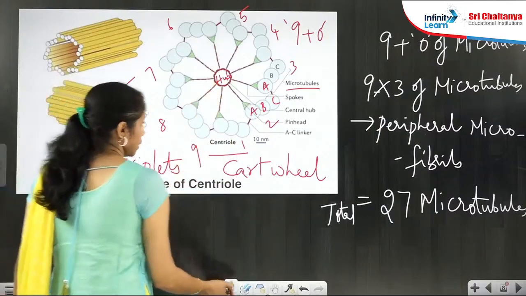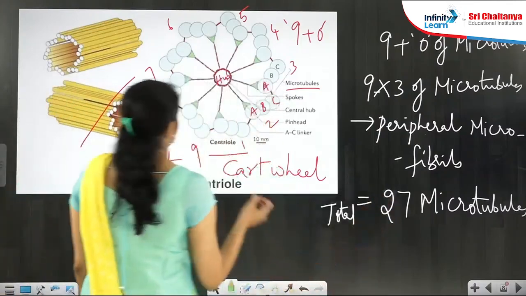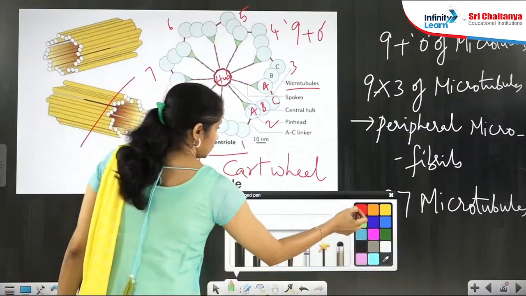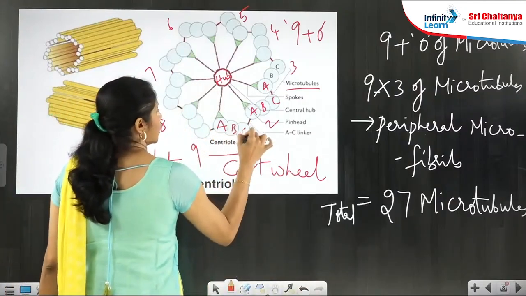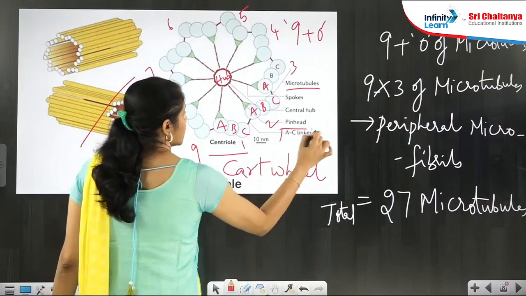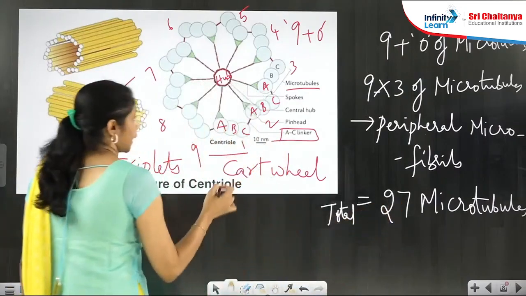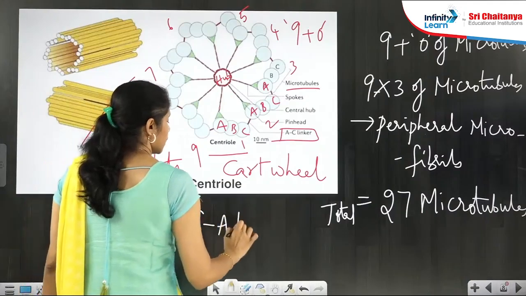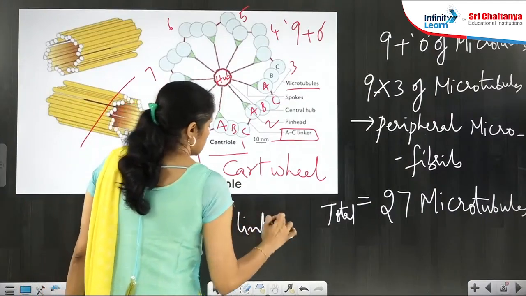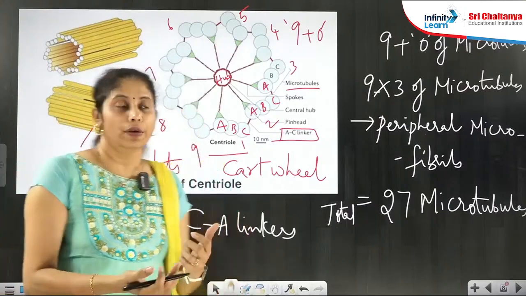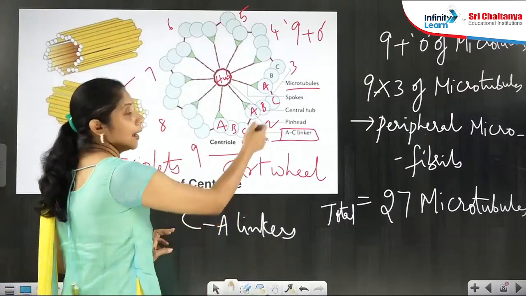And you can see here, this A is connected to C of the next one. A is connected to C. So these are called AC linkers or CA linkers. The peripheral microtubules are connected by CA linkers.